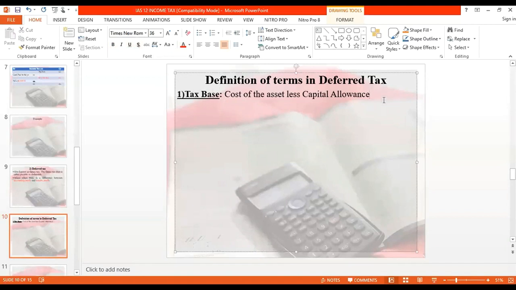Capital allowance, for example: if you buy a non-current asset, the government compensates you for buying it, which reduces the amount of tax that you are to pay.